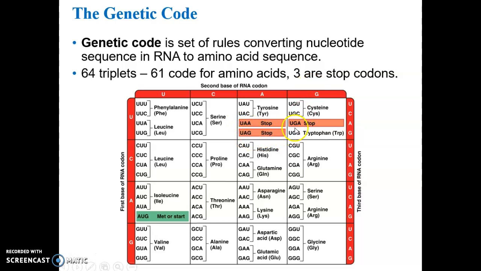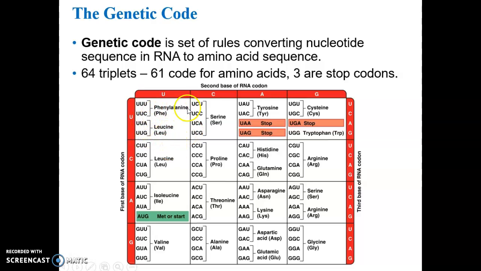UAA, UAG, and UGA are stop codons, so they will stop the synthesis of a polypeptide as the mRNA molecule is read, as we'll go into more detail in a bit. And then there's a start codon, UAG, which is always at the start of a sequence of codons in an mRNA molecule. Again, this should make sense as we proceed.